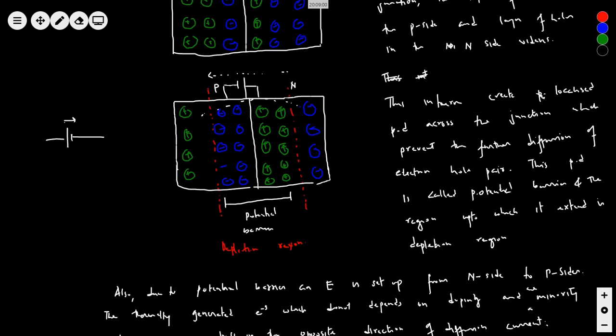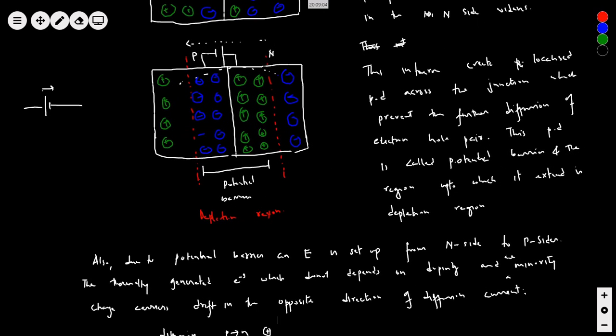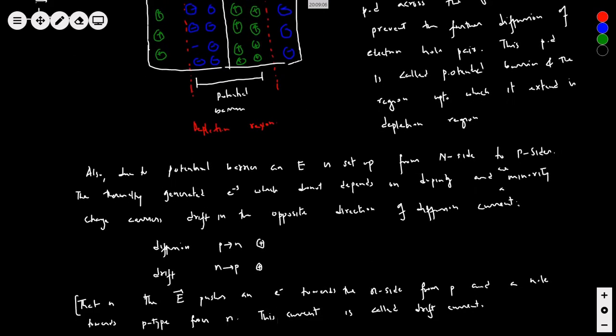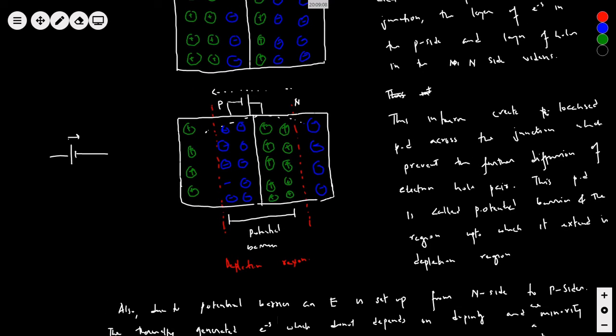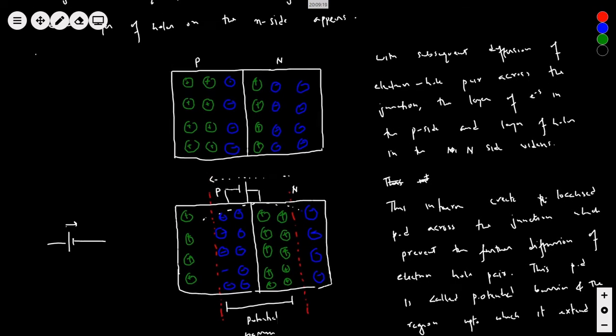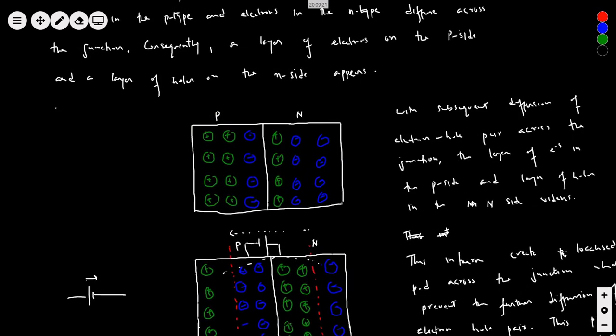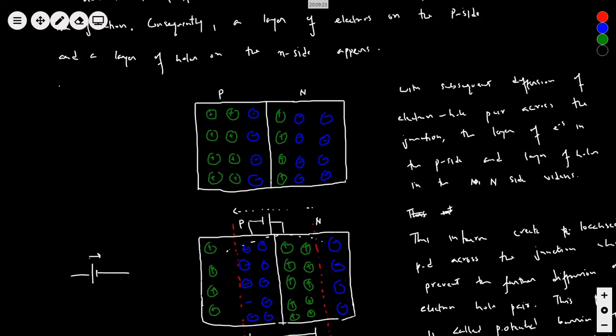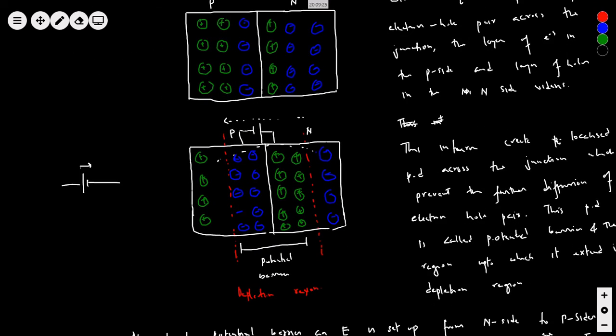We can connect the PN junction diode in such a way that it becomes a forward bias, where it becomes a conductor, and in another connection, called the reverse bias connection, it becomes a resistor. So forward biasing and reverse biasing of the PN junction will be our next topic.